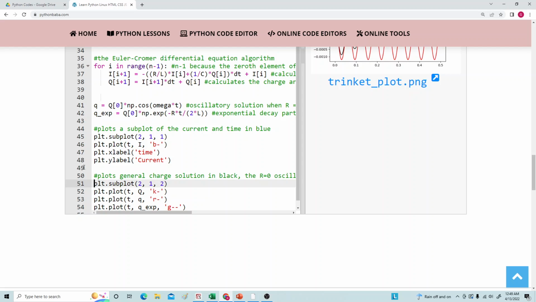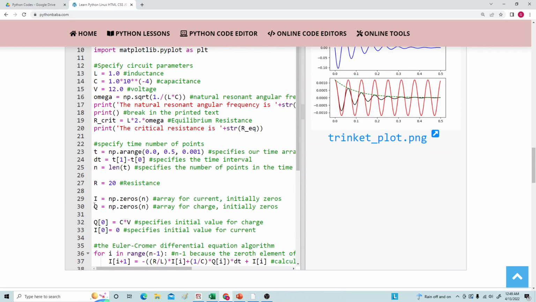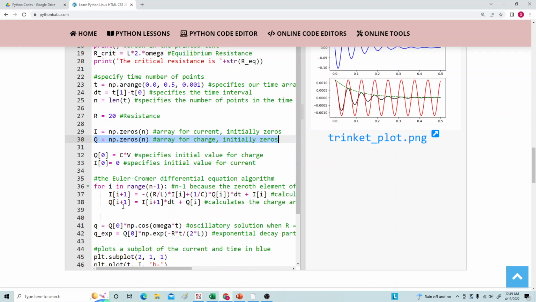So when we plot this, right, I've already specified Q, lowercase q, is my oscillatory solution. So that's what I'm plotting here, right? So time versus my regular oscillatory solution, lowercase q. Capital Q was defined as the variable in the array that I updated with the Euler-Cromer calculation.